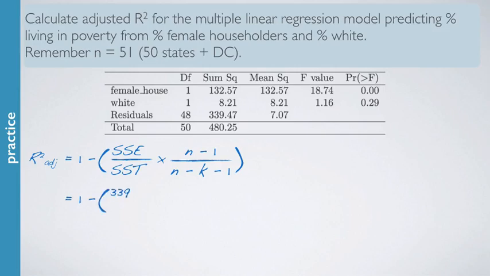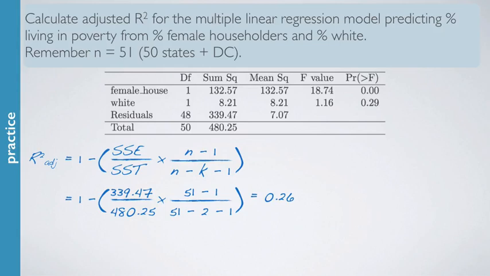That is 1 minus 339.47 over 480.25 times 51 minus 1 divided by 51 minus 2 minus 1. 51 was our sample size, and k, the number of predictors, is 2, female householder and white. And this comes out to be 26%.